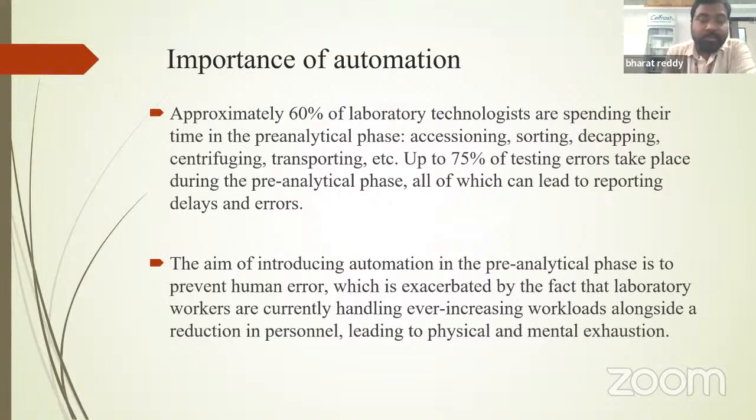We have had a brief discussion about the post-analytical errors, and now the importance of automation to reduce or minimize these errors.